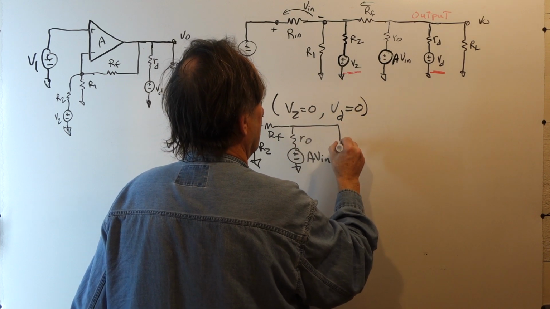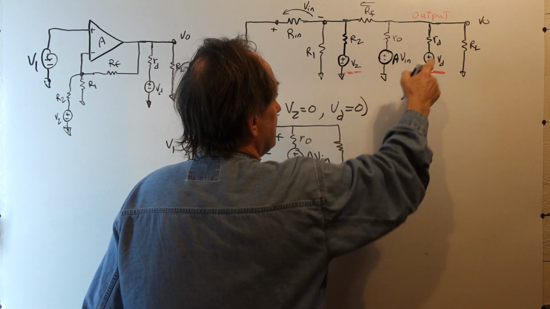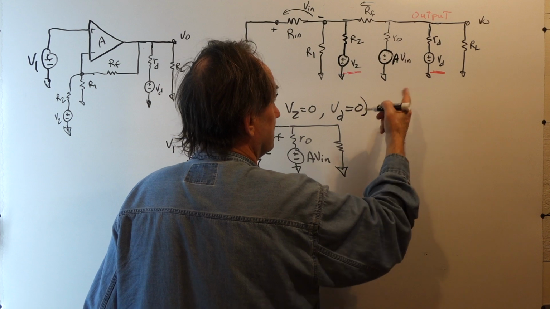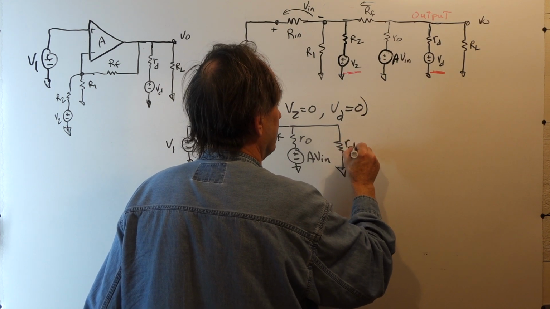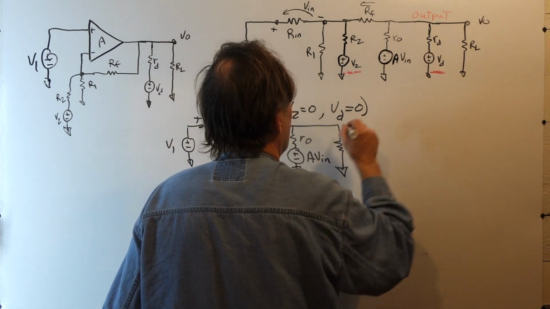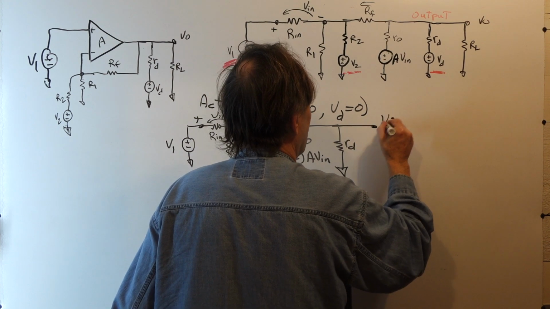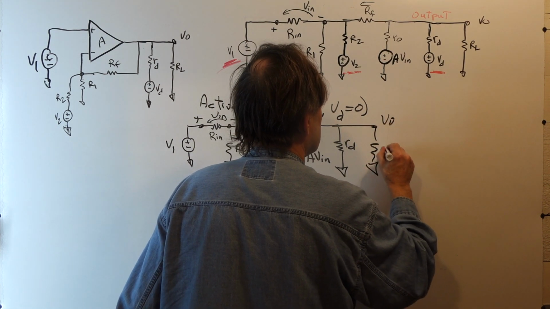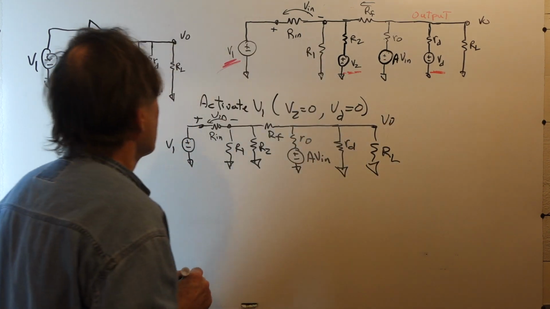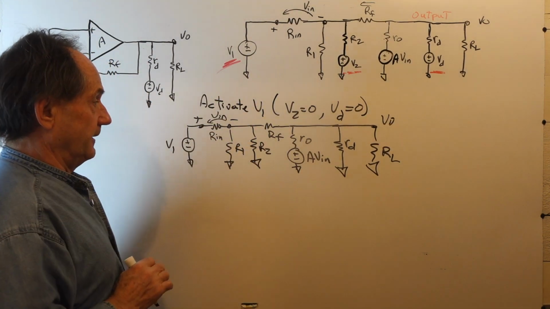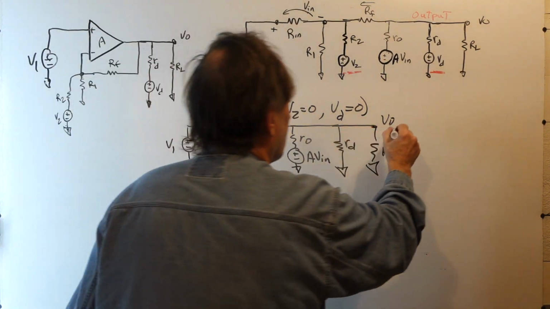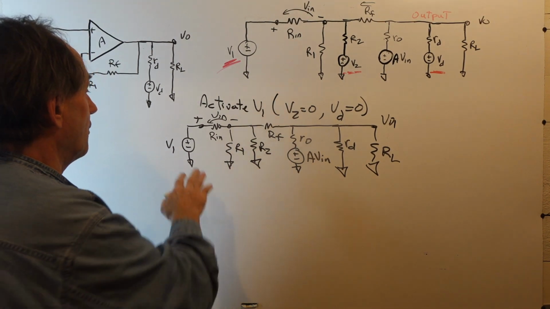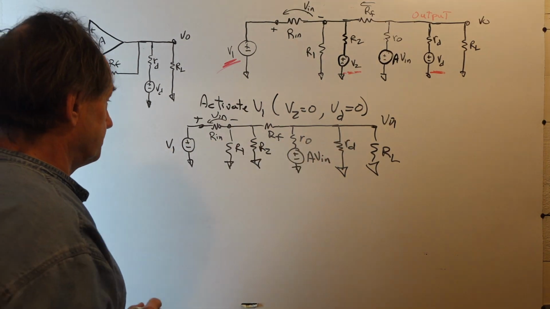And then we replace VD with its internal impedance, which is a short. We're turning this one off. And then we have Vout over RL. So this is the equivalent network for activating V1. We'll call this Vout1, and we solve for Vout1 on that network.